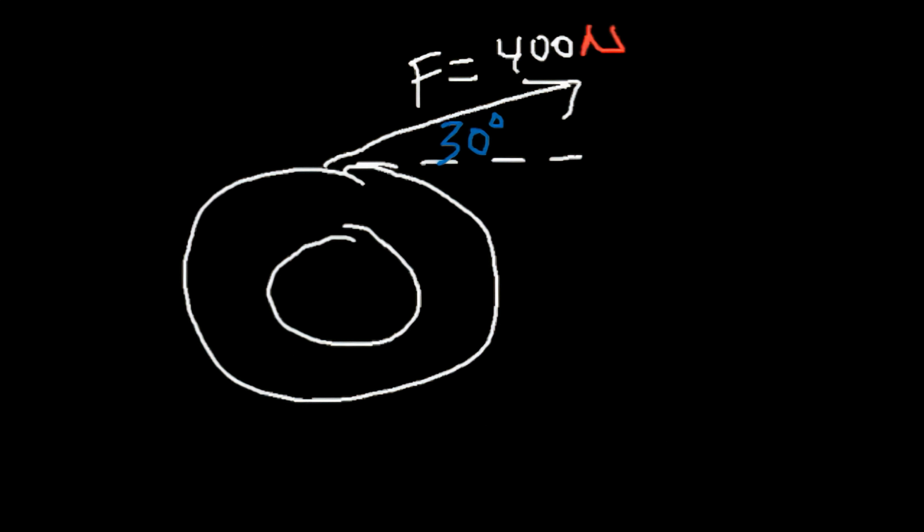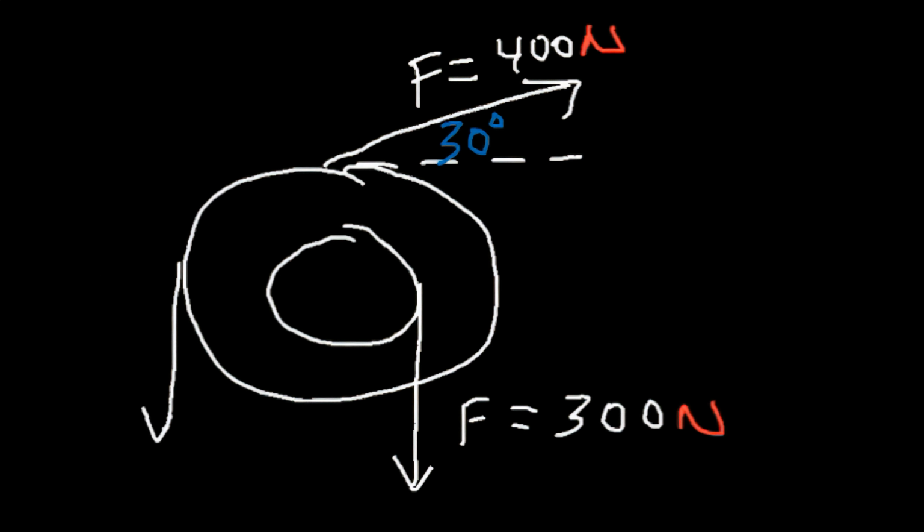And let's say that there's another force of 300 newtons, and another force of 500 newtons. Now the radius of the small circle, let's say it's 1 meter again, and for the large circle, let's say it's 3 meters.